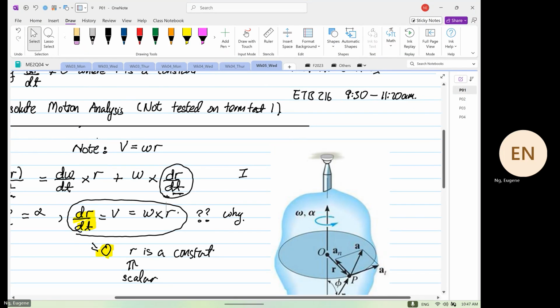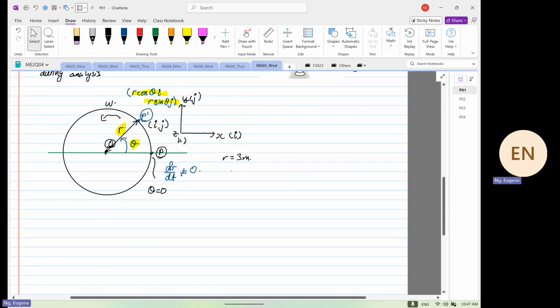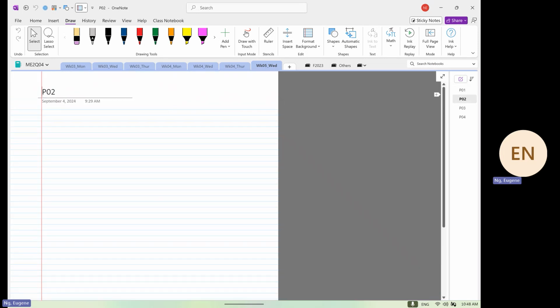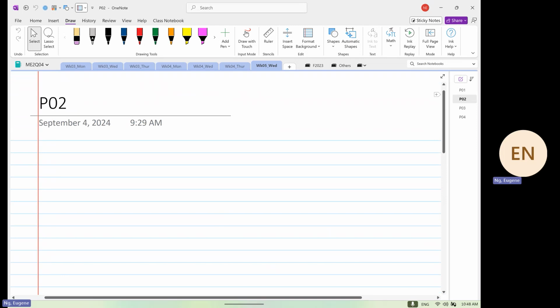Right. So the next one, now this is clear. The next thing that we are going to look at, which will not be tested in term test 1 or term test 2, is absolute motion analysis.